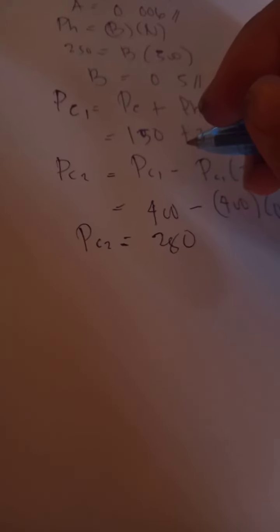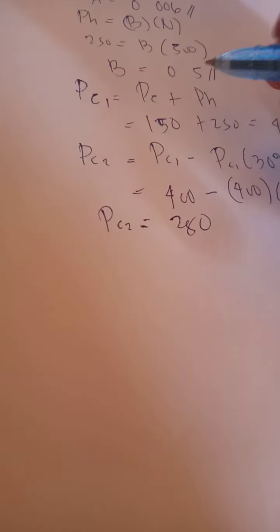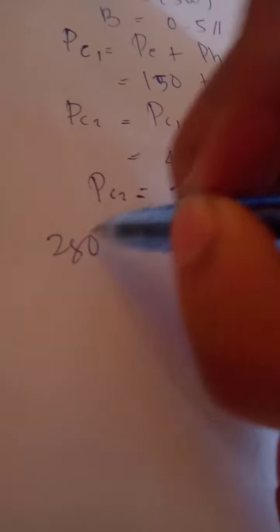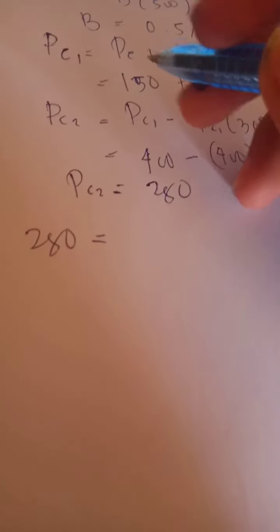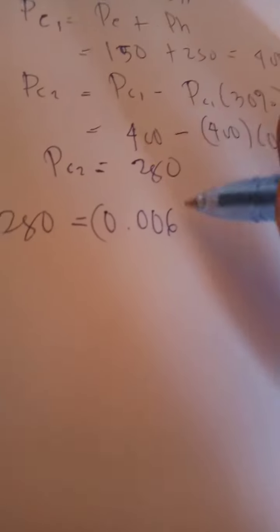Next we find the value of our new speed, and to get that we have 280 equals the constant of the eddy, 0.0006, times the new RPM squared, plus 0.5 constant times the new RPM.